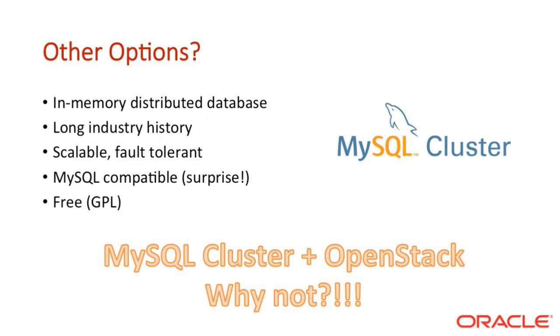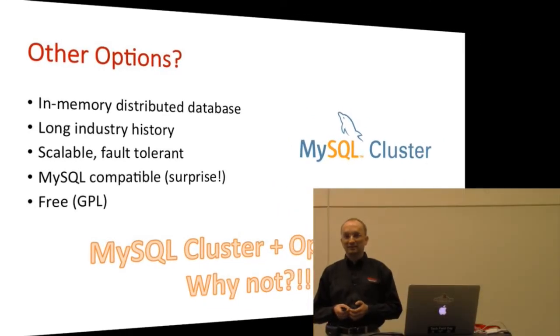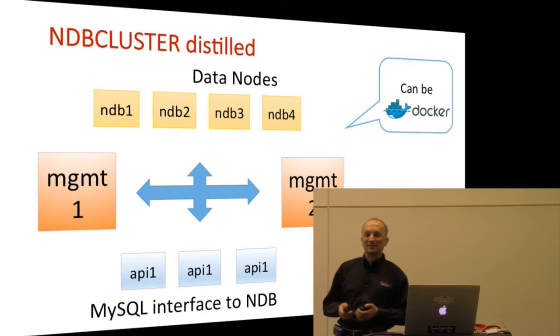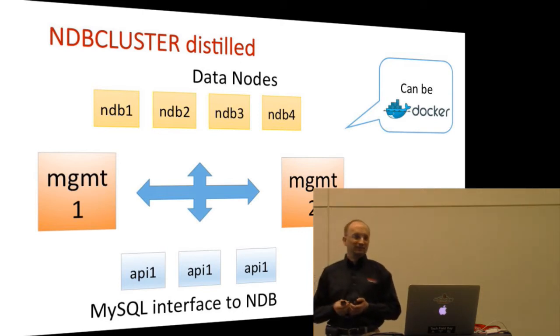It has a very long industry history, and it's scalable, fault-tolerant, MySQL compatible, and it's free. For sure, you can pay money for some management add-ons at Oracle, but to run OpenStack probably it's just enough. I asked myself and my colleagues if we can run MySQL Cluster with OpenStack, and nobody replied. They just said, well, just try it out. And I started to investigate this very nice product.